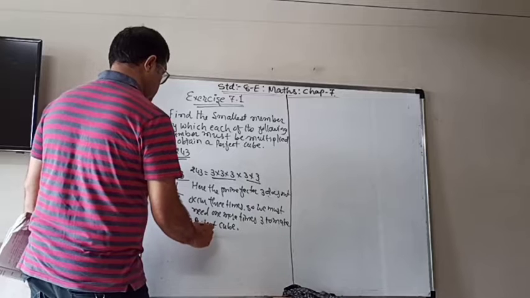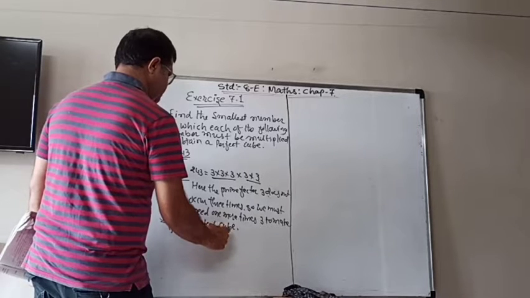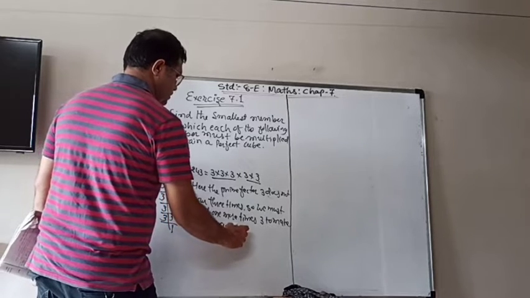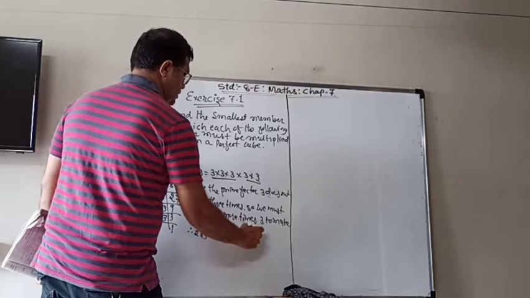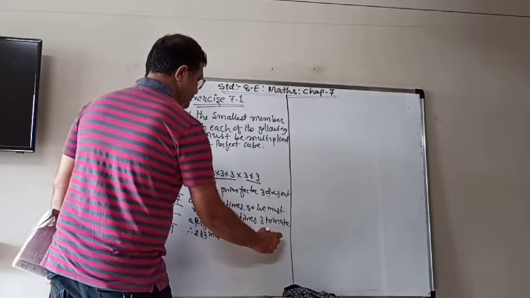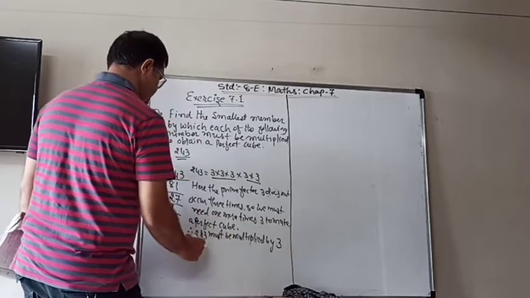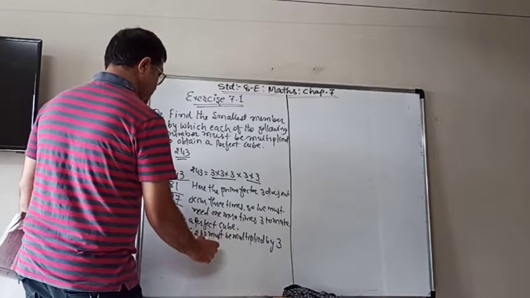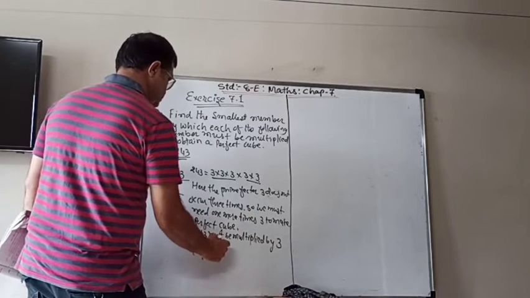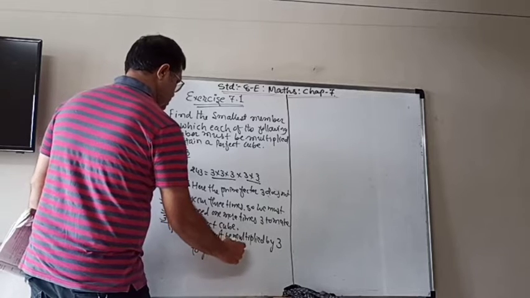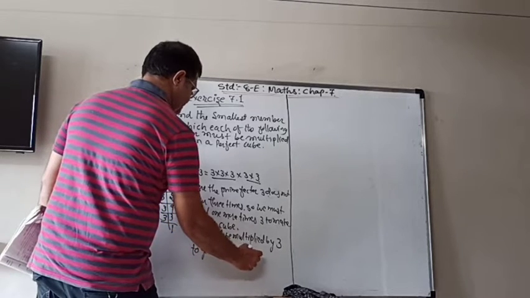Therefore, 243 must be multiplied by 3 to get a perfect cube.